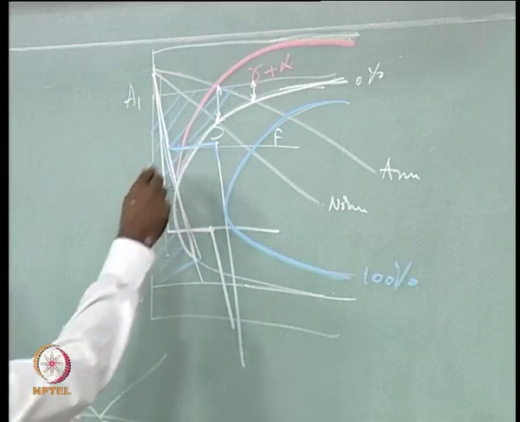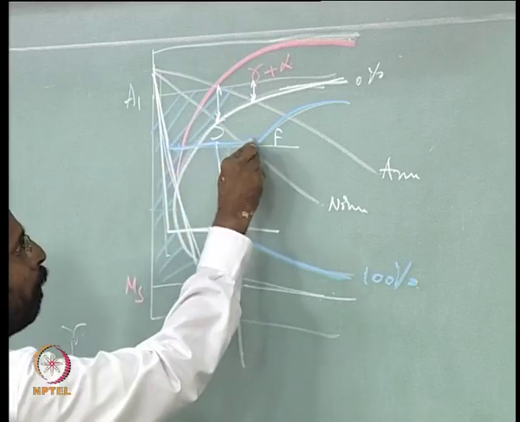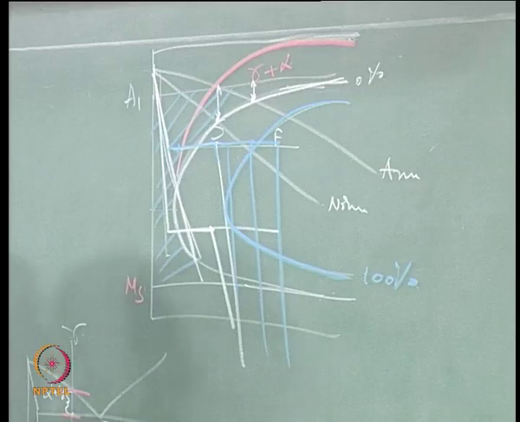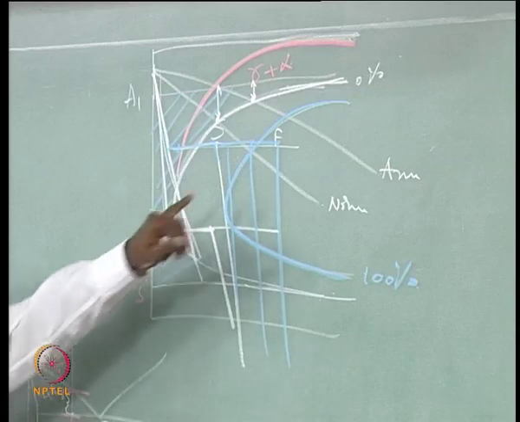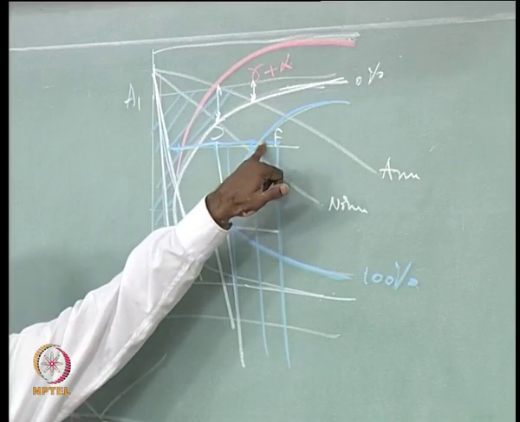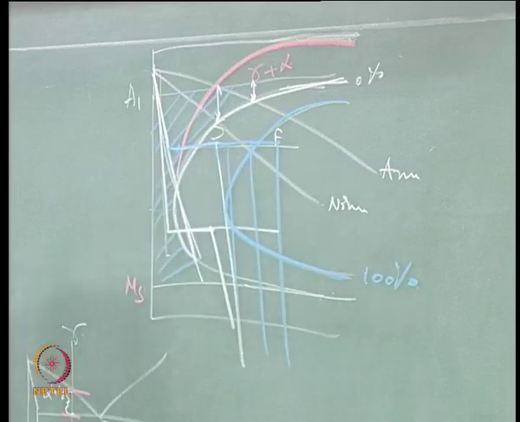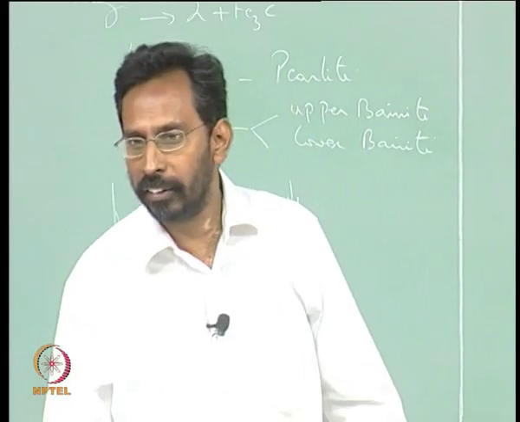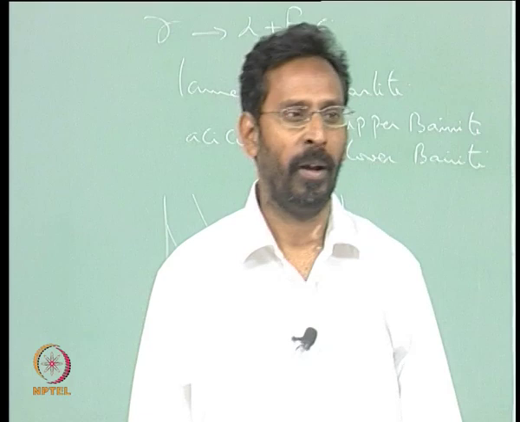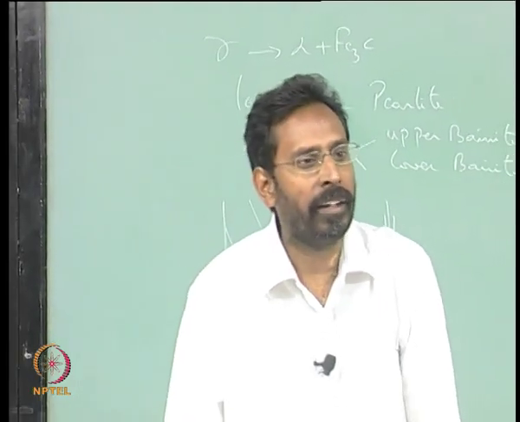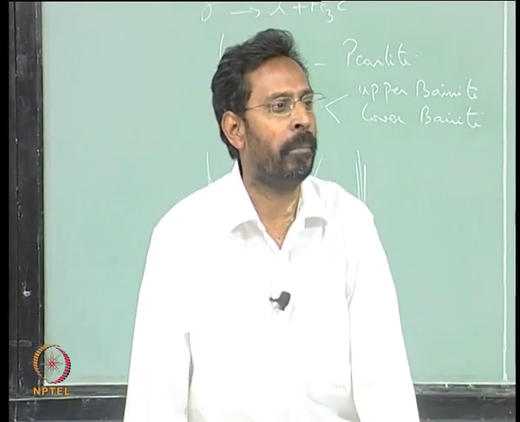And like that, if I keep on holding for different times, you would see that once I cross this line, I would not get any more martensite. Why not? I am crossing the MS temperature while quenching, but there is no gamma left, and we know pretty well that pearlite cannot transform to martensite.